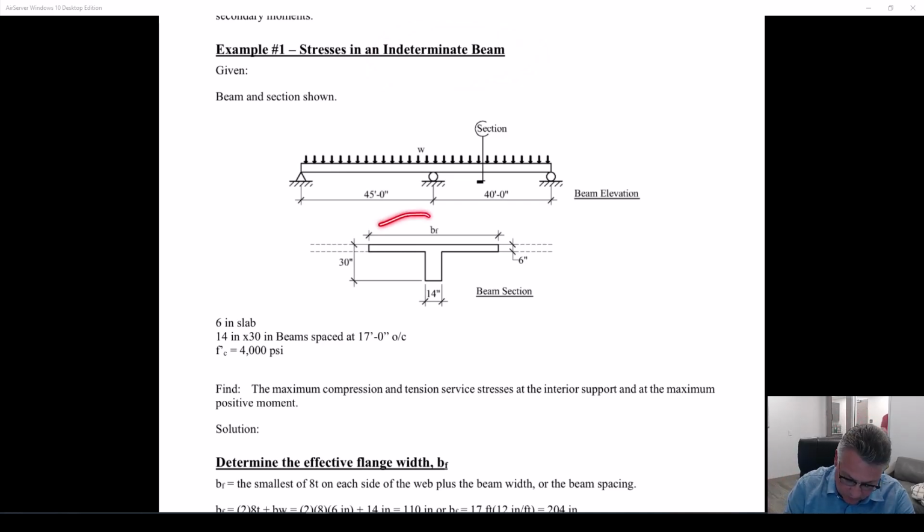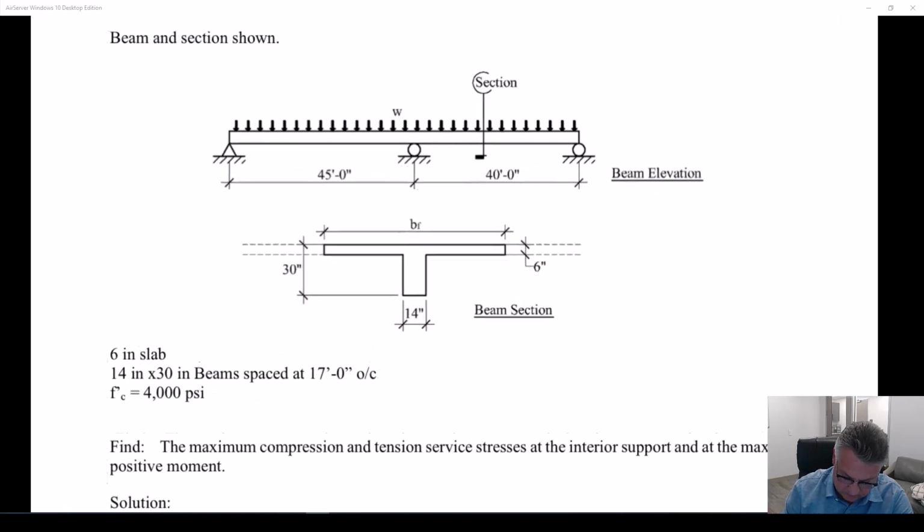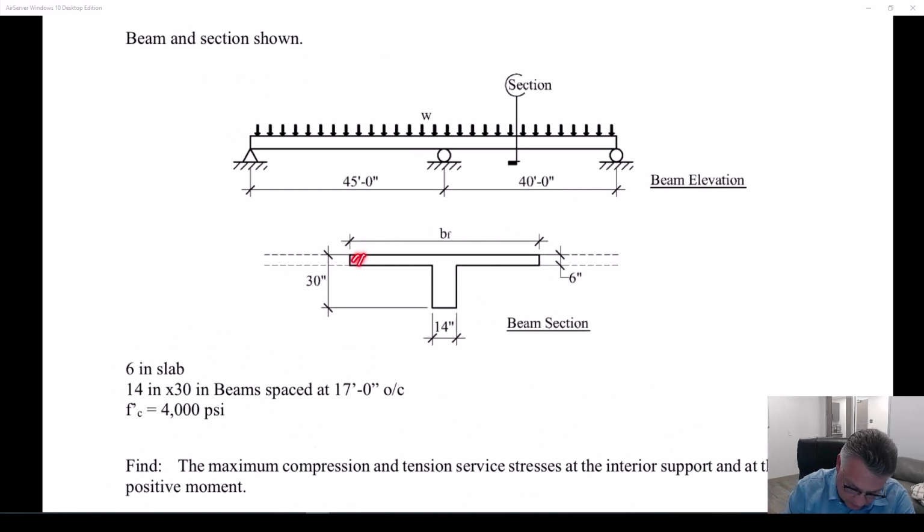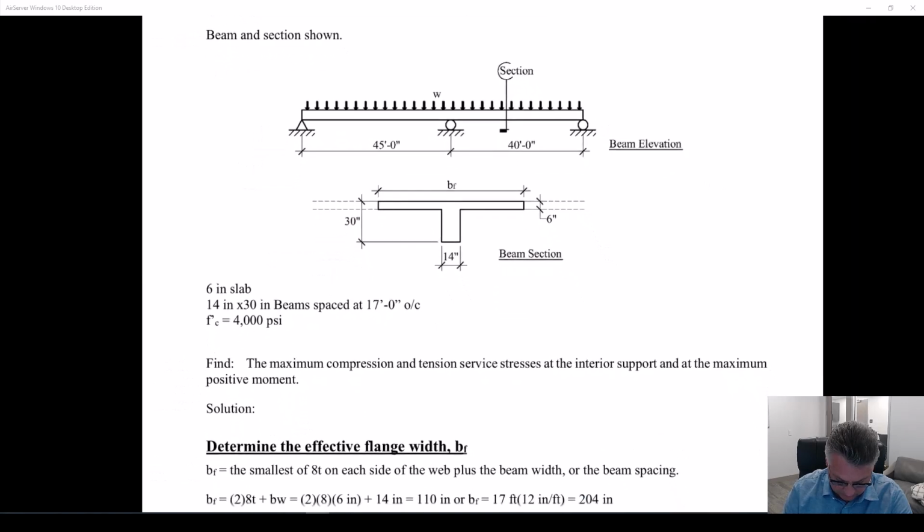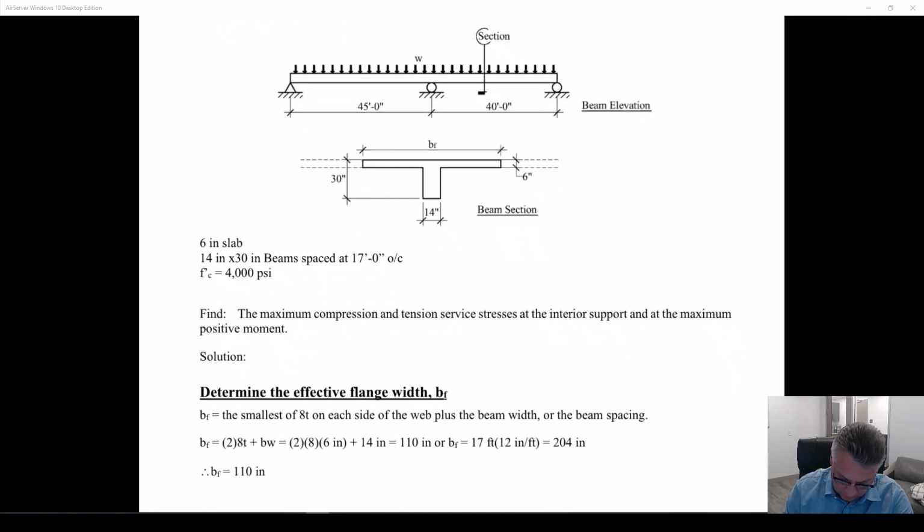We know that in cast-in-place concrete, we create T-beams out of a floor system. We're really just creating this section. There's nothing magical. There's no line actually on the floor that's there. The code tells us that we can use an effective flange width, and hopefully you learned that in reinforced concrete.